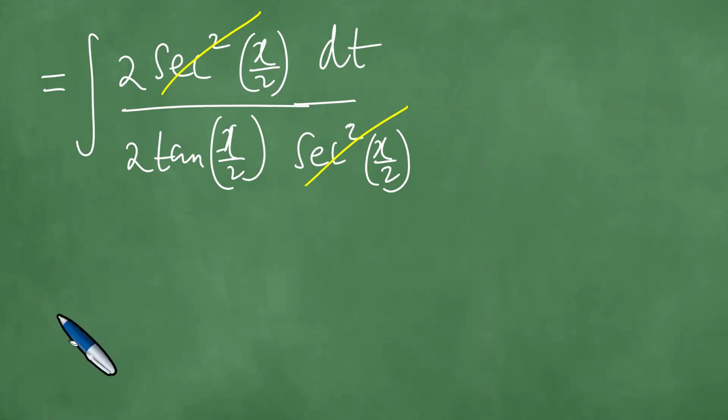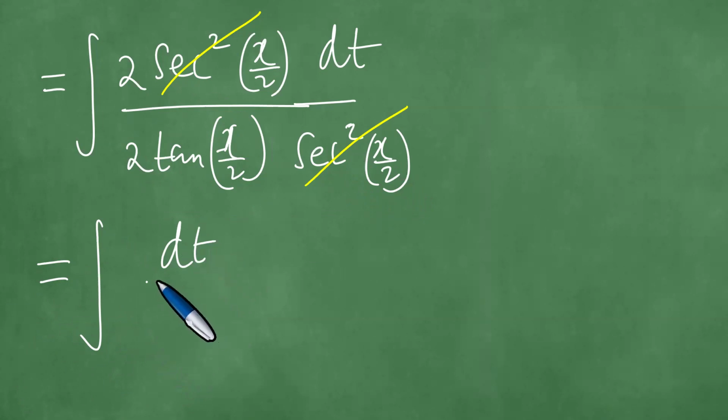Let's check what this equals. The secant squared of x over 2 cancels the secant squared of x over 2, and the 2 cancels out, leaving us with dt over the tangent of x over 2.